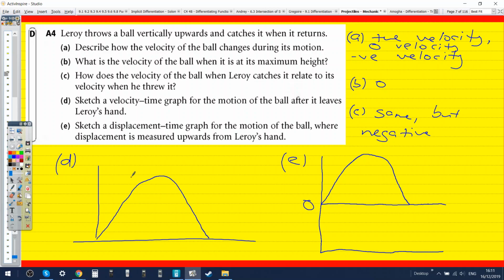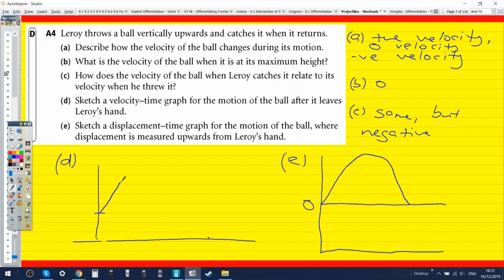So let's think about this velocity time graph. Its velocity won't be 0 actually. Let's say if it had an initial velocity of 15 or something, then it would start a bit up. Will it be a graph that will start at 15 and go through the x-axis to minus 15 as time goes on?